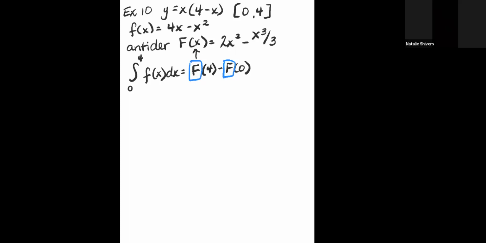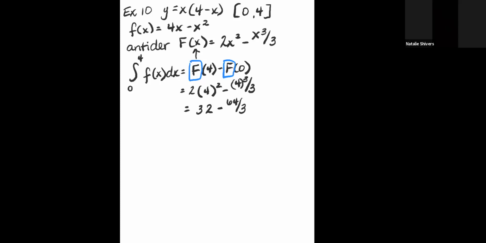Okay, so when I plug 4 in, all right, I get 16 times 2 is 32 minus 64 over 3.